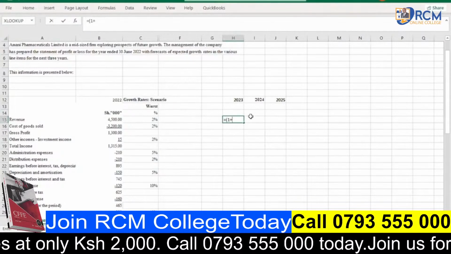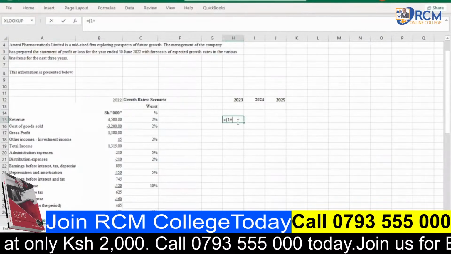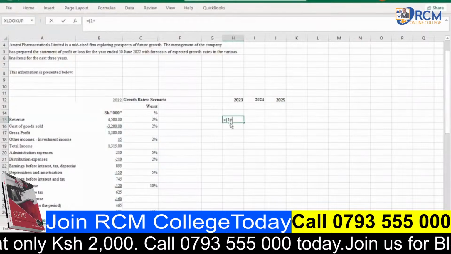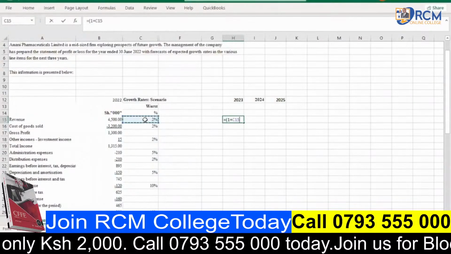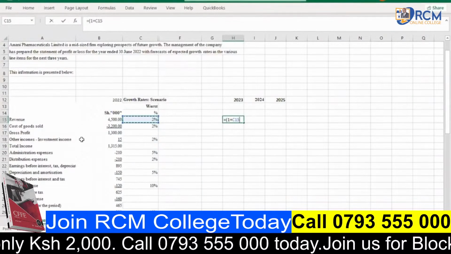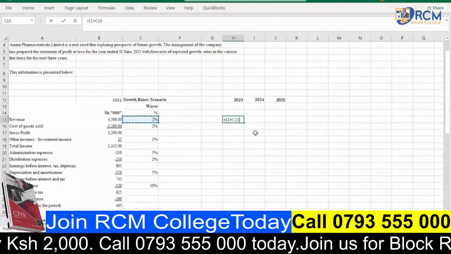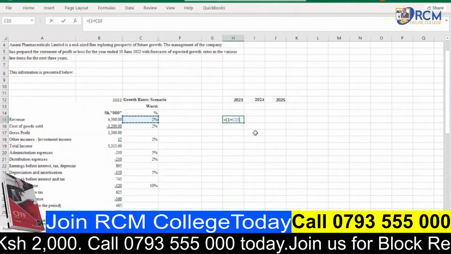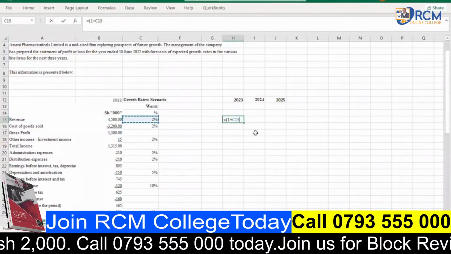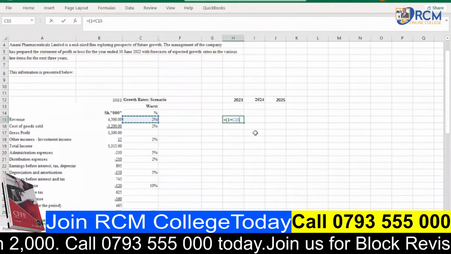So what are we supposed to do here? We simply come to this point and take this 2%. It is going to be constant for all revenues in that section. So what do I do to that? I simply lock the whole of it.